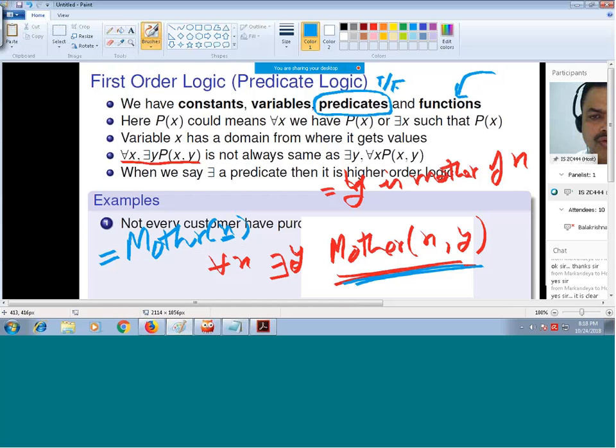So these are functions that give you a thing, such as if I ask, given X, find out the age of his mother.